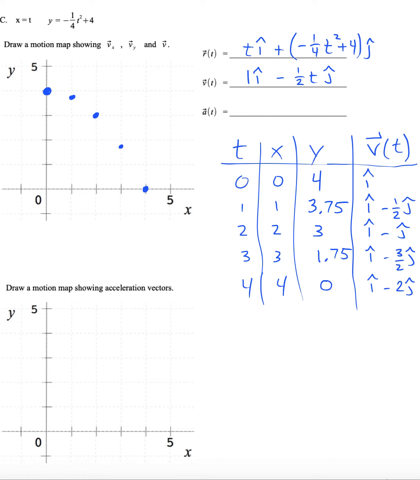We want to plot those velocity vectors. So the first velocity vector points directly to the right. That's what the i hat tells us. But then we see that the velocity direction starts to change. Now it's going to go to the right and down a little bit.